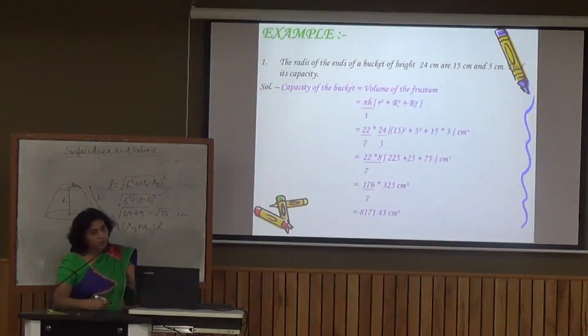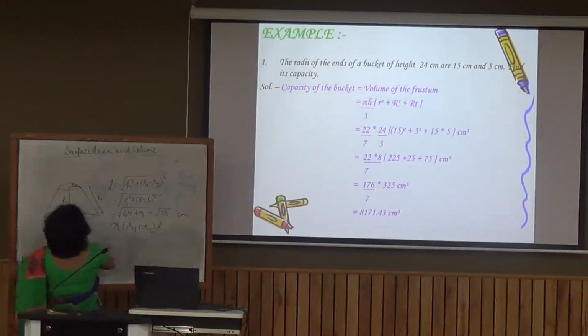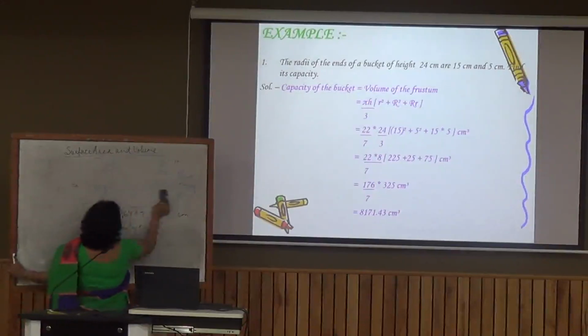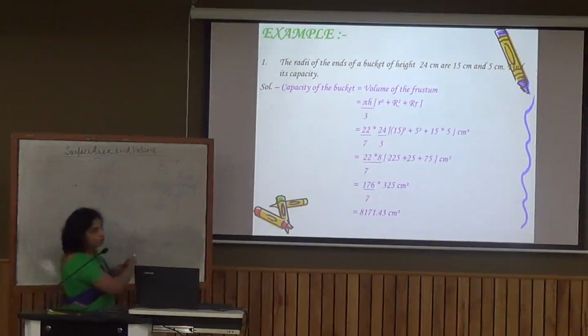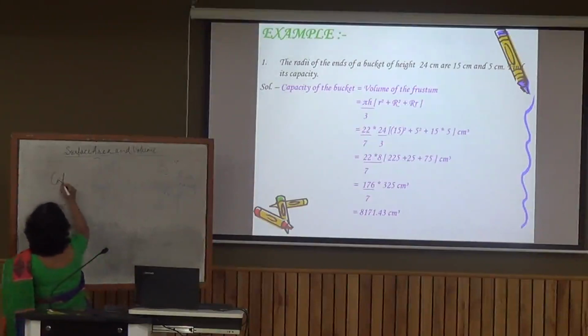Now let's move on to the example of volume. If the radii of the ends of a bucket of height 24 centimeter are 15 and 5 centimeter, we have to find its capacity. So the formula for capacity is another form of calling volume.